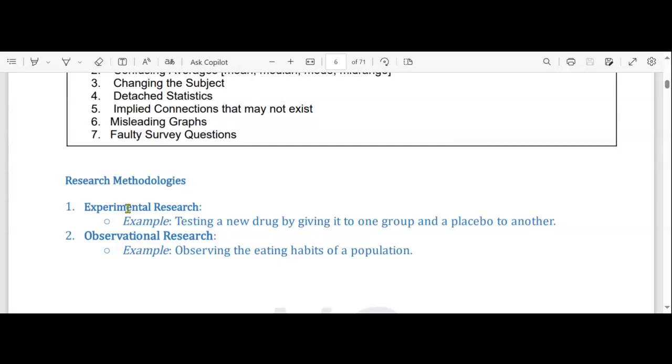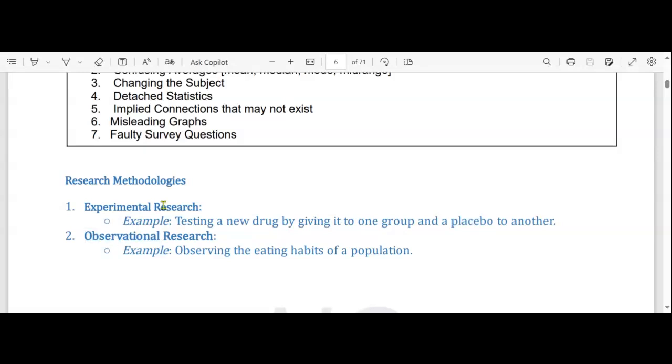So you're actually testing the medication on two groups. One group will take the correct drug, and the other one will not take any drugs. It's just like empty pills, but you will tell them that they are taking it. Correct.